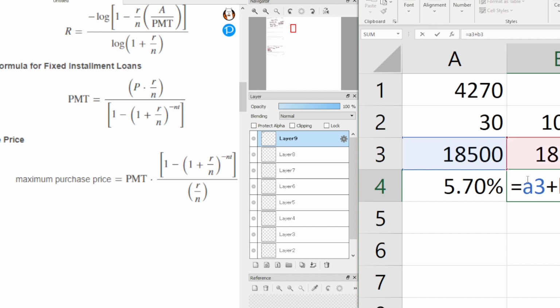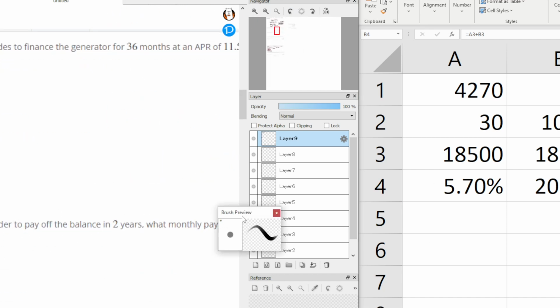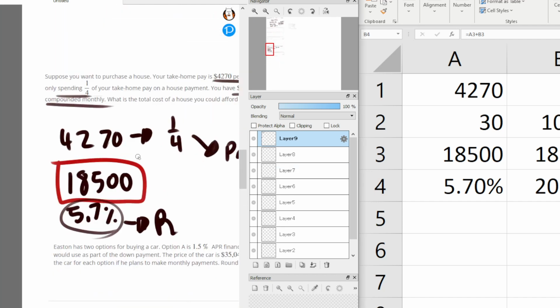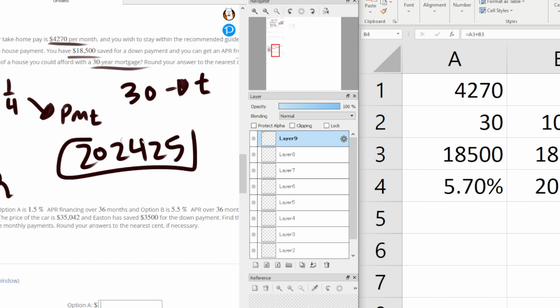So A3 plus B3 is going to be 202,425. Sorry, I don't know why I have so many problems with saying the numbers. Now let me go back to our equation and I'll write that down really quick. That is 202,425. That would be your answer.